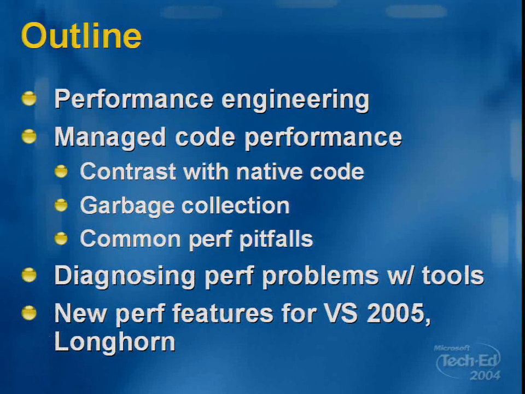There'll be quite a few slides that talk about the new challenges in managed code, particularly the move to automatic memory management and some of the interesting problems you can run into there. Then we'll have a number of slides on other pitfalls that we've seen people have in using managed code.